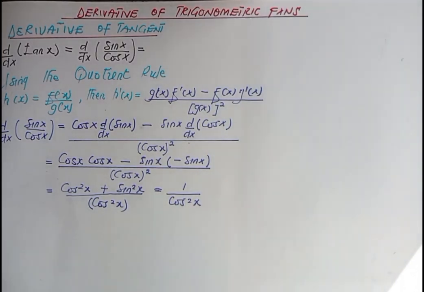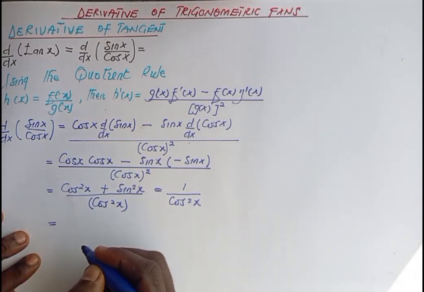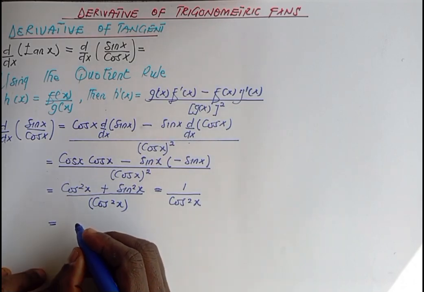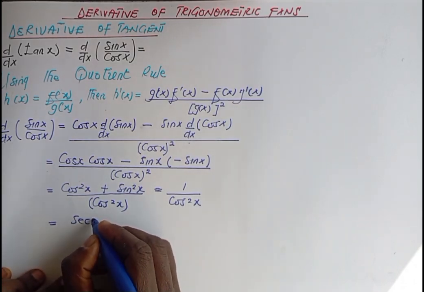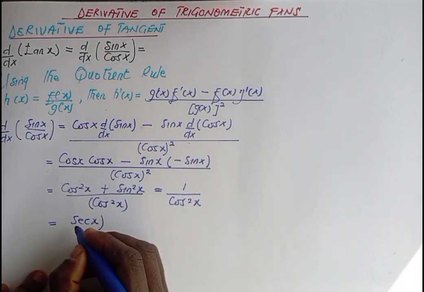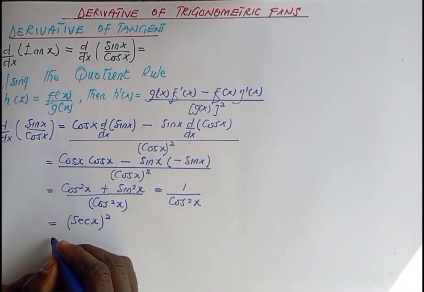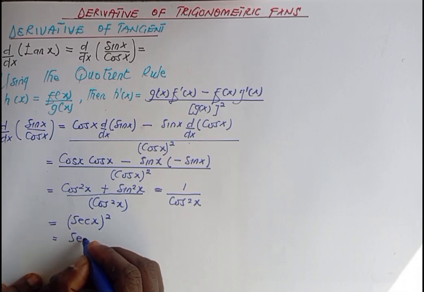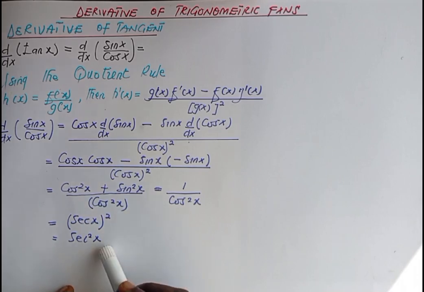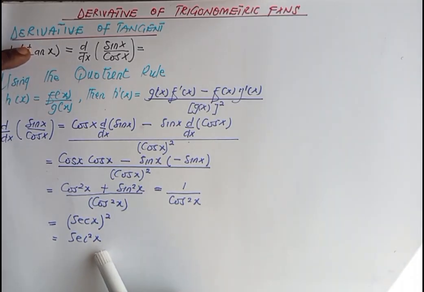From reciprocal angles, we know that 1 over cos is sec of the angle x. But we have cos squared, so we apply the square on it, and this is the same as sec squared x. So this means that the derivative of tan x is sec squared x.